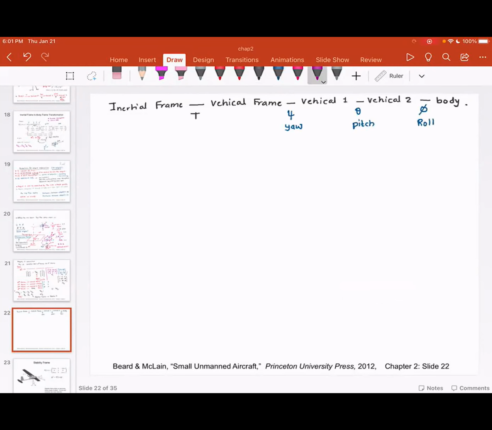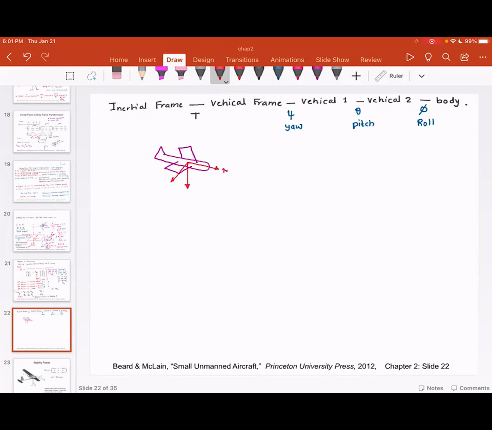Now, what this means, all said and done, if this is our aircraft, then right now the body frame is aligned with north, east, and down.